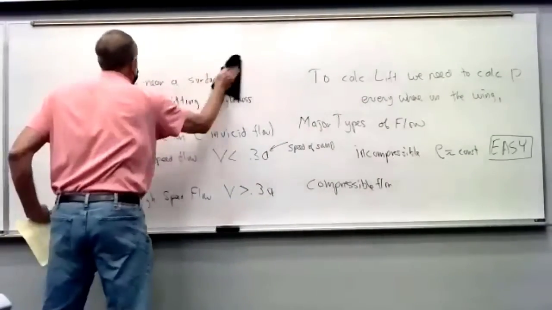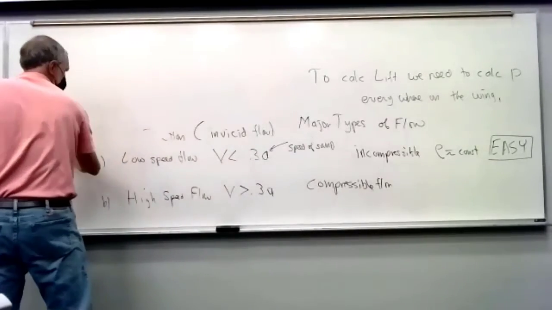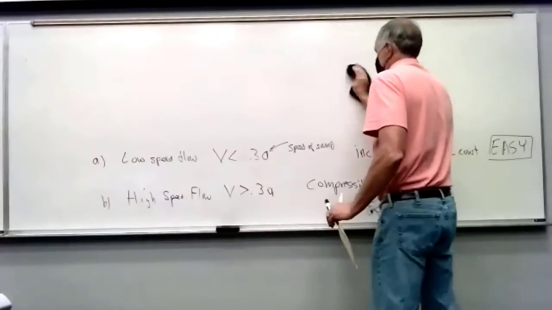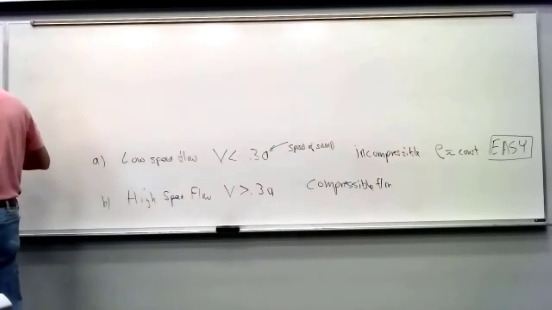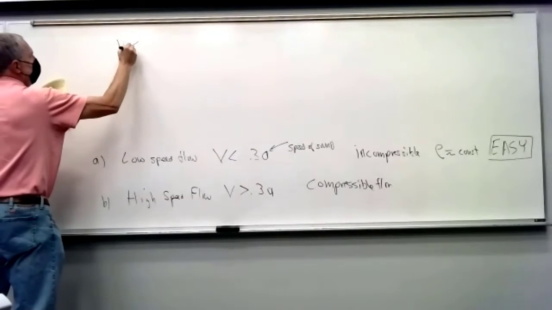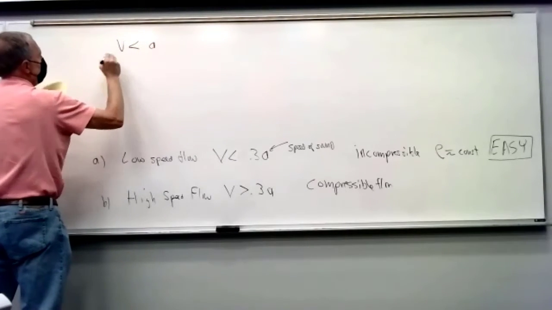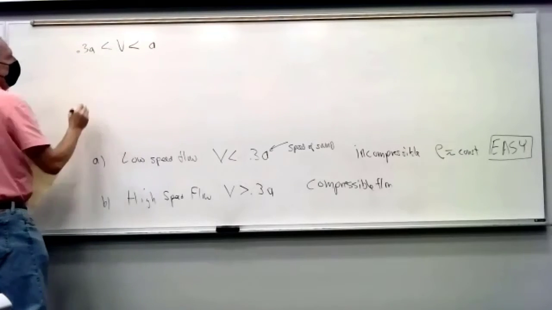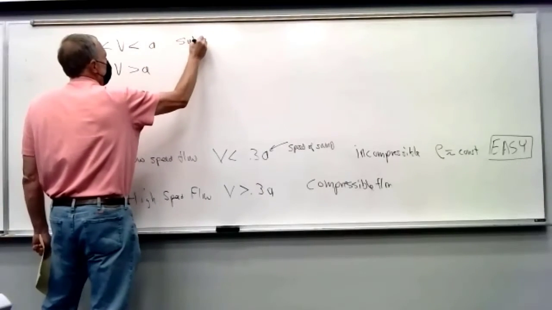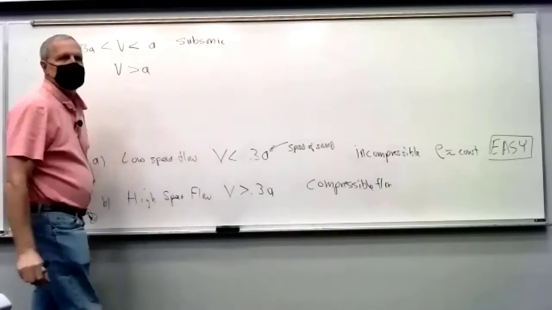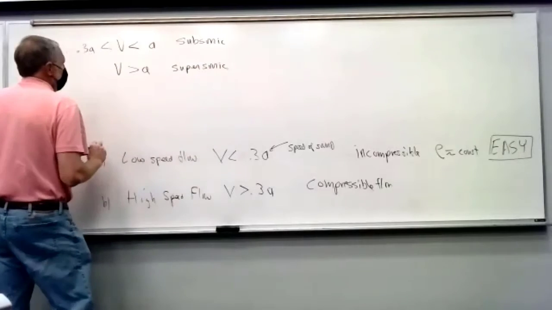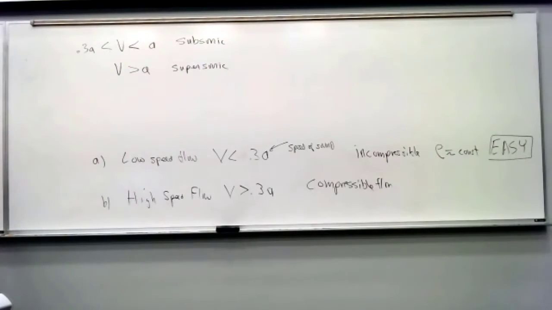Under compressible flow, we have velocities below the speed of sound, but greater than 0.3. And then we have velocities greater than the speed of sound, and this is called subsonic, because it's less than the speed of sound, and this is called supersonic. And then if you get really high speeds, it's sometimes called hypersonic.